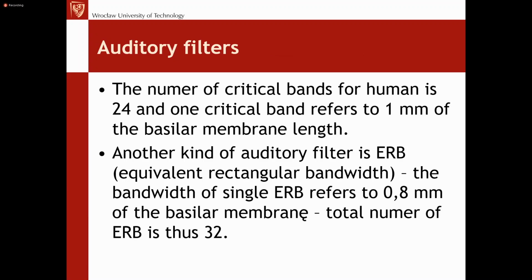So the total number of ERBs is 32. So the difference between ERB and critical bands is that there are more filters in ERB analysis in comparison to the classical critical band theory introduced by Zwicker in the 40s of the previous century.